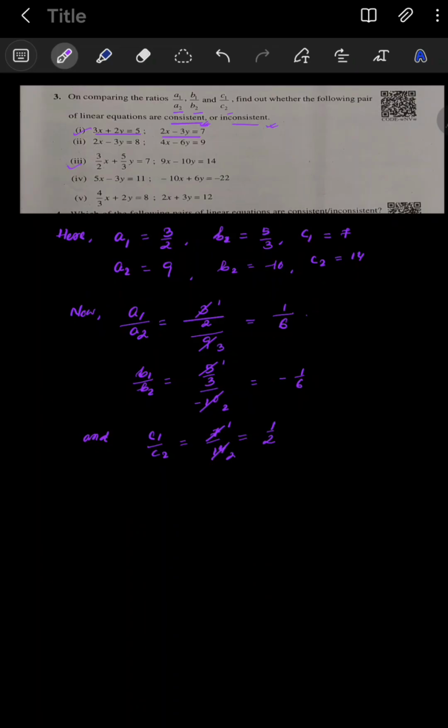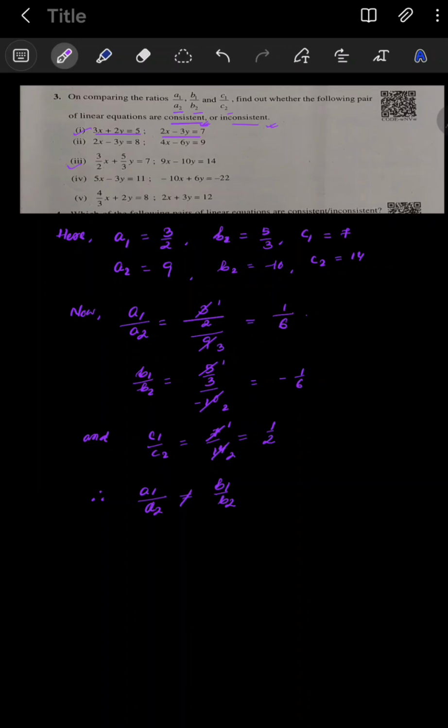If you observe the condition here, the ratios a1 by a2 we got 1 by 6, and b1 by b2 we got minus 1 by 6. They are not the same, because one is positive and one is negative. So we write, therefore a1 by a2, the first ratio, is not equal to b1 by b2, the second ratio.